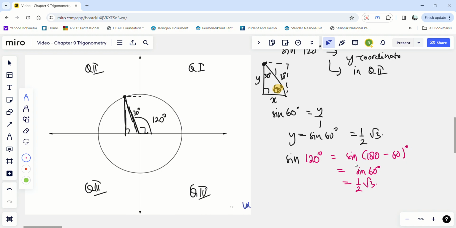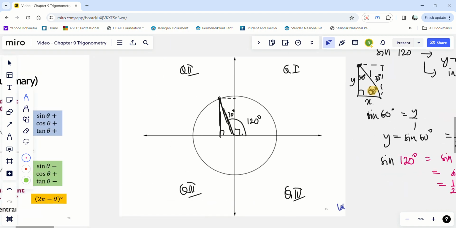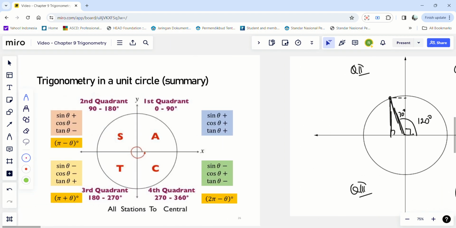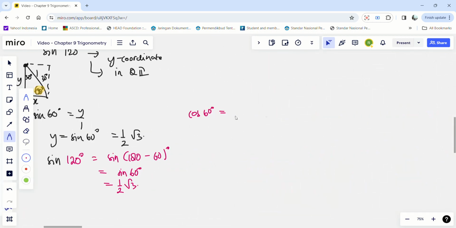But if I'm dealing with the cos value, by using the previous summary you see over here, in the second quadrant I'll be using 180 minus theta, right? So in this case, it's not cos 60, it should be cos 120.